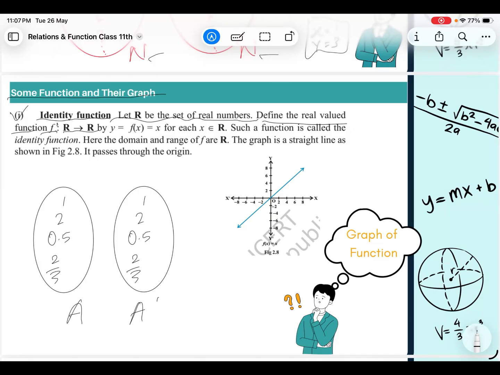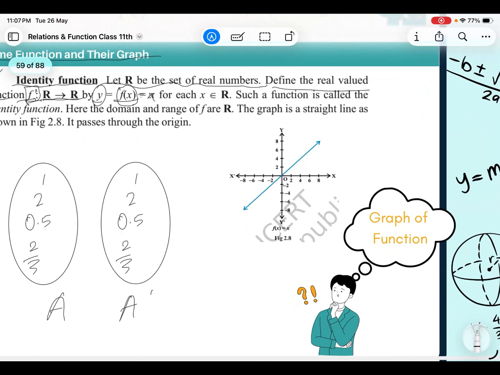We have to make a relation, a function R to R by y equal to f(x); instead of y you can write f(x). And what is f(x)? f(x) equals x. What does it mean? Let me show you.